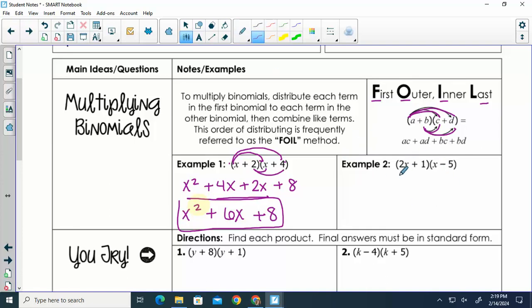All right, let's look at the next one. So if we want to multiply, first, you multiply the first two. 2x times x would be 2x squared. Then we do the outside. 2x times negative 5. Minus 10x.